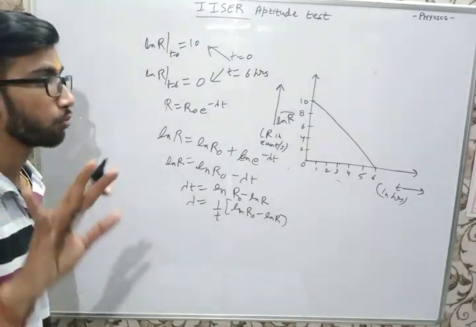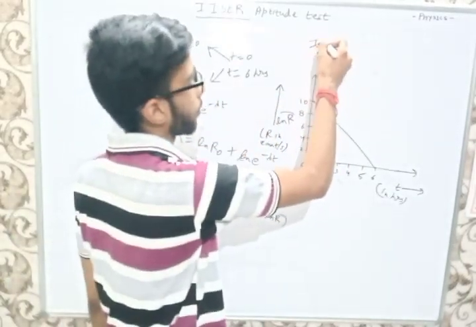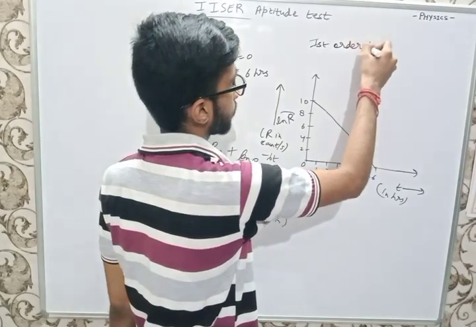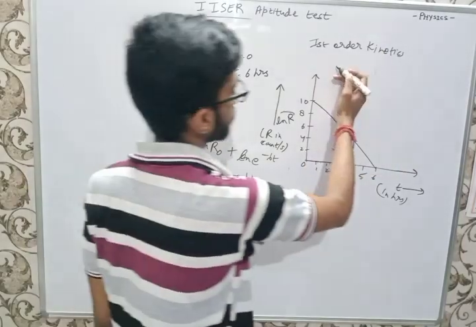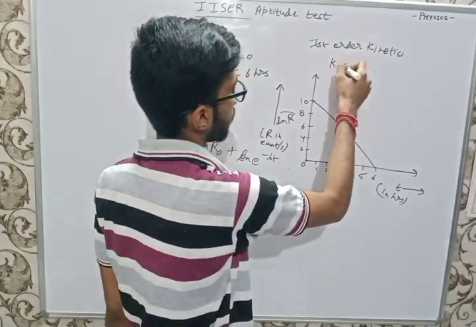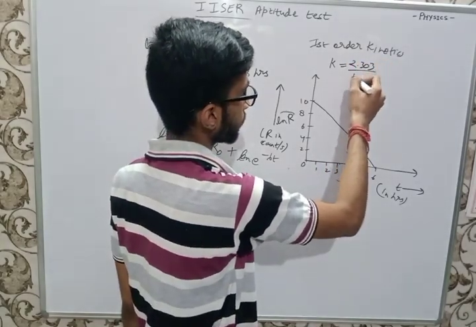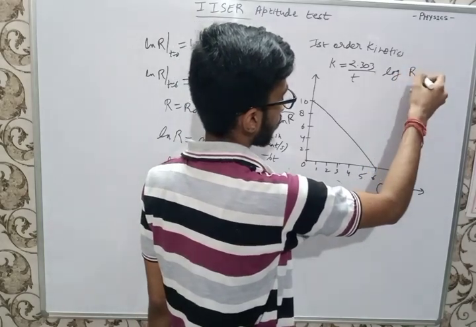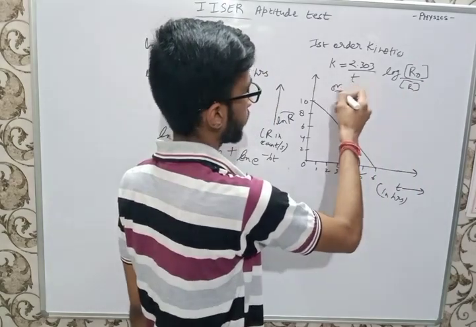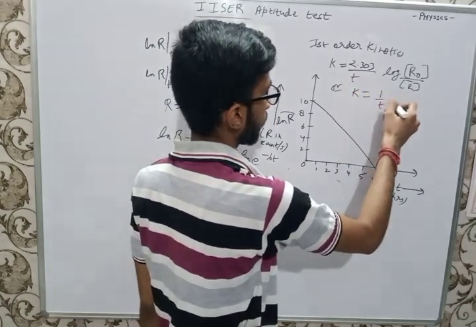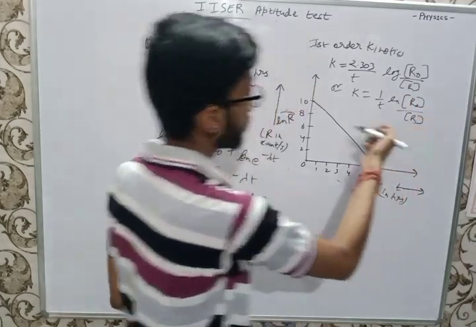In chemistry you might have learned that for first order kinetics, k, the rate constant, is 2.303 over t log R naught over R, which is the same as 1 over t ln R naught over R. It is the same expression.